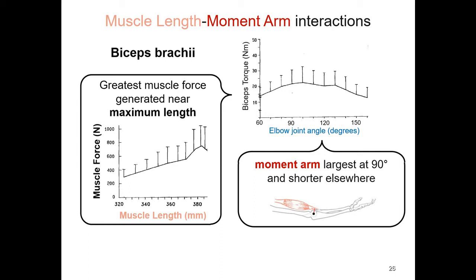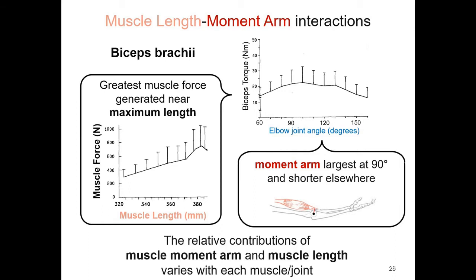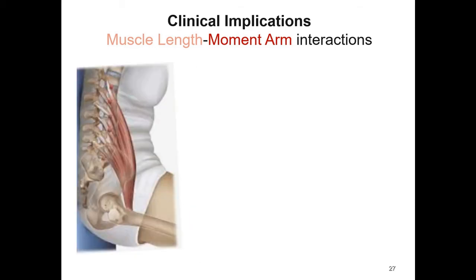When we look at the moment arm of the biceps muscle force vector, we see that the moment arm is largest when the arm is at 90 degrees of flexion. These factors combine to produce the biceps torques that we observe. This is just the case for the biceps. The relative contributions of muscle moment arm and muscle length to the torque that is produced at a joint varies with each muscle and joint.